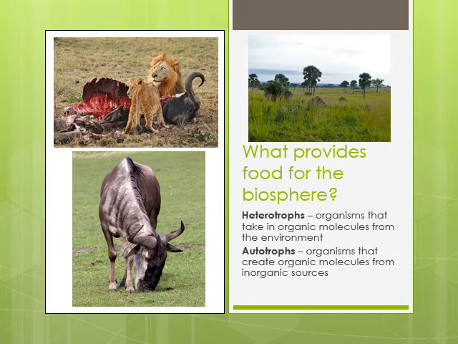The trickier one's this wildebeest. Is it a heterotroph or an autotroph? Shouldn't be tricky. It's a heterotroph because it's eating grass, which has organic molecules in it. It's taking in organic molecules. So these heterotrophs and autotrophs have a dynamic relationship. The heterotroph consumes the autotroph, which consumes inorganic molecules to create organic molecules.